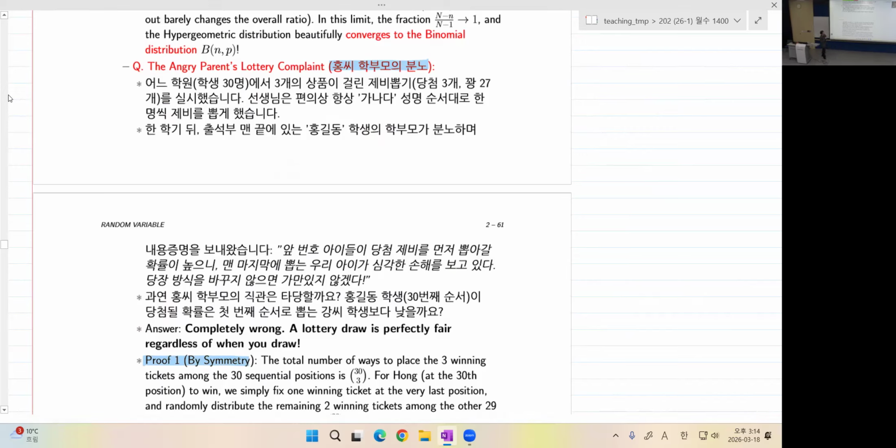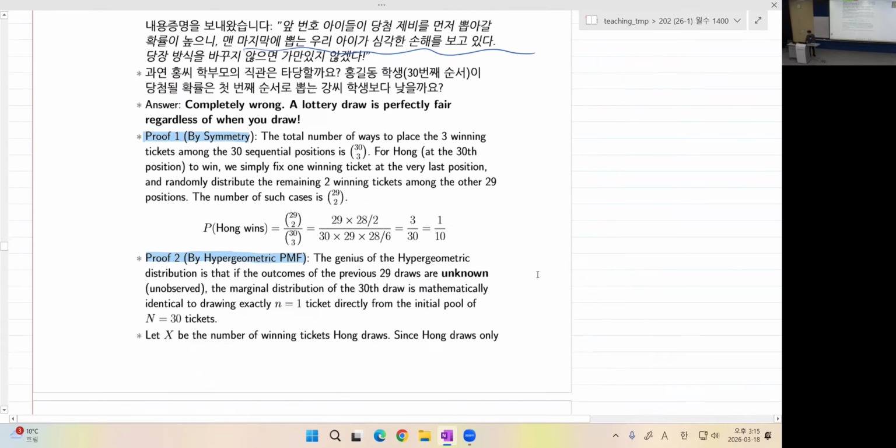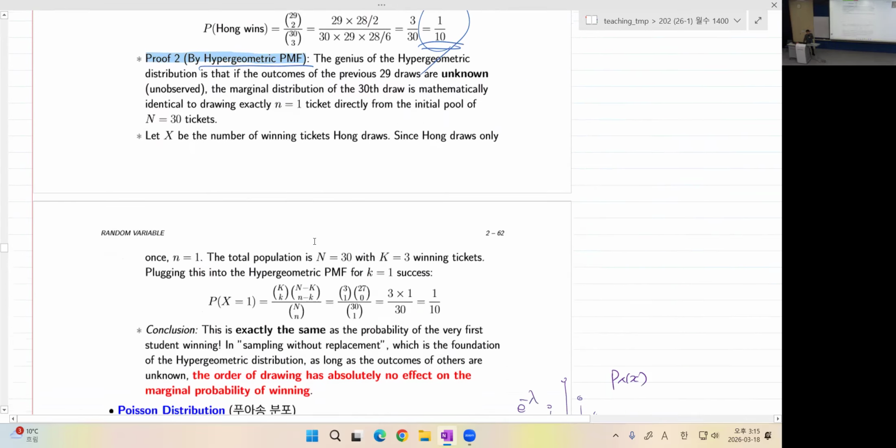And the parent got angry because my kid is treated unfairly, something like that. And this is a famous problem. Using symmetry, usually, you can show that if there are only 10 successful throws, then the probability is the same. But you can also use the hypergeometric probability mass function to get the same result this way.